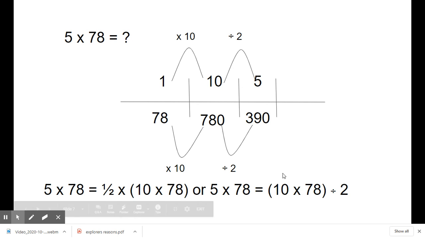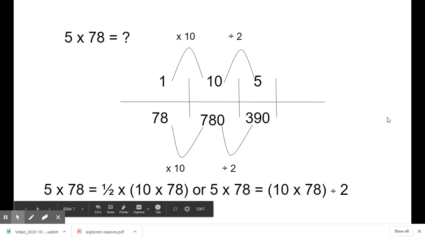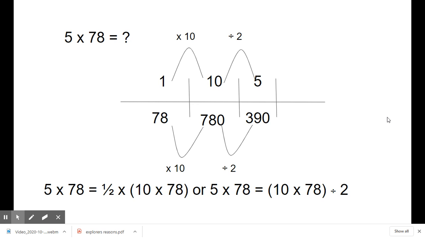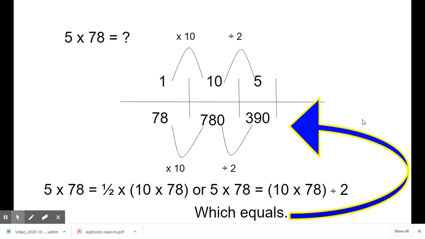So here's a picture, and down here is an equation. 5 times 78 equals 1/2 times 10 times 78, or 5 times 78 equals 10 times 78 divided by 2, which equals 390.